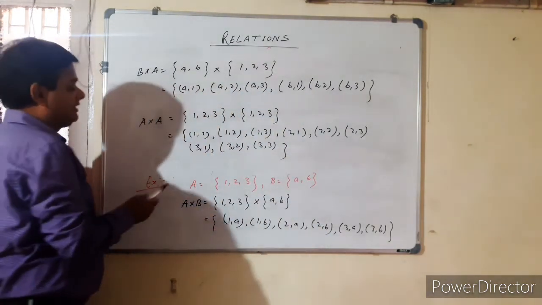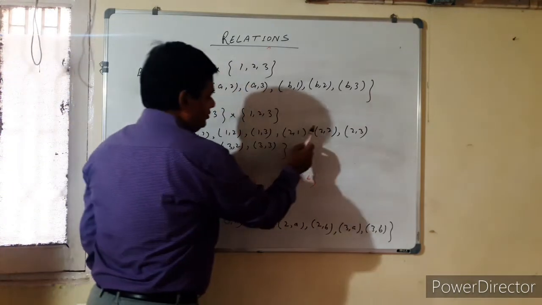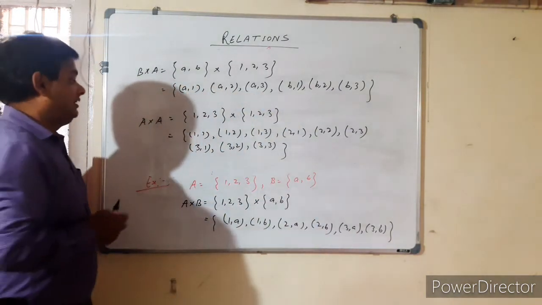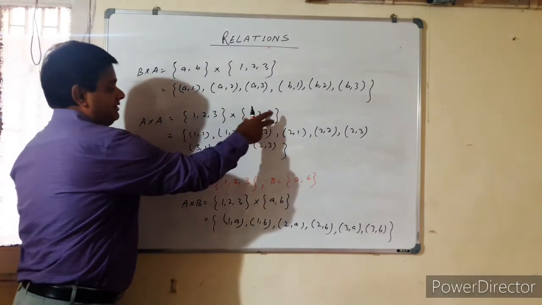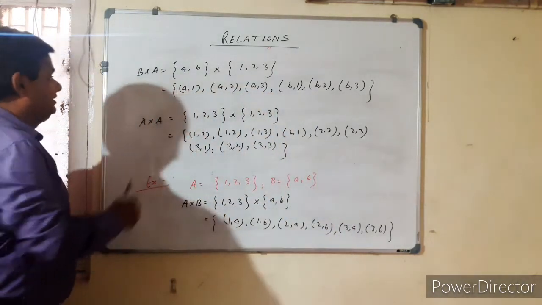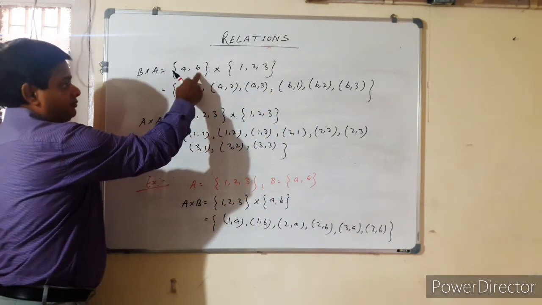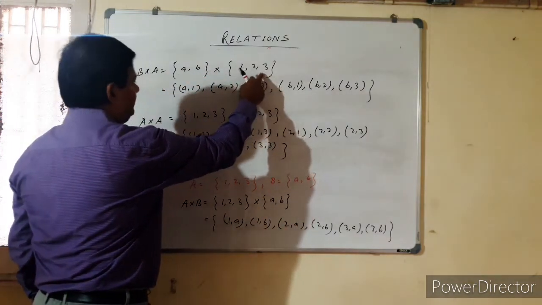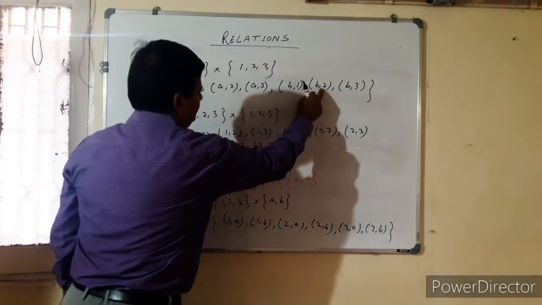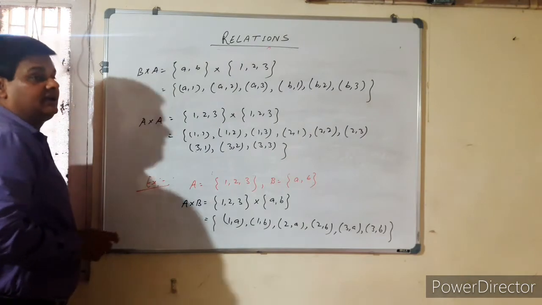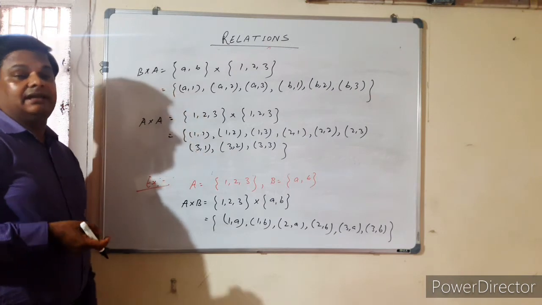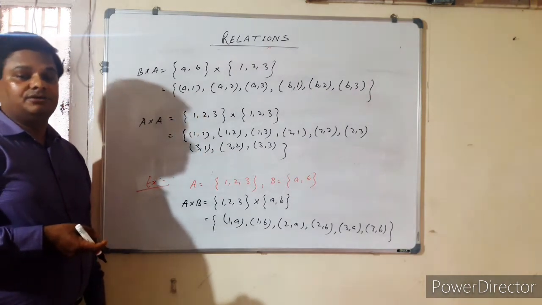See here how many elements: 1, 2, 3, 4, 5, 6, 7, 8, 9. Nine elements. If set A contains 3 and set B also 3, then 3 into 3 is 9 elements. If set B contains 2 elements and set A contains 3 elements, then 2 into 3 is 6 elements. If set A contains m elements and set B contains n elements, then A cross B will have m into n elements.